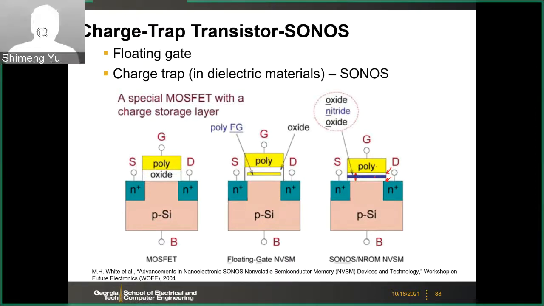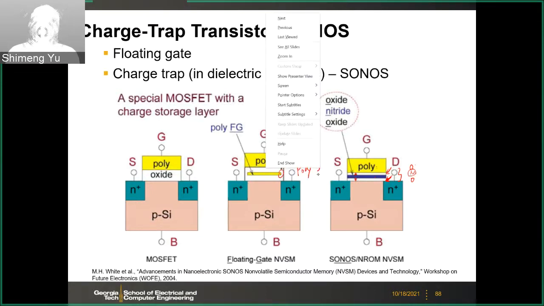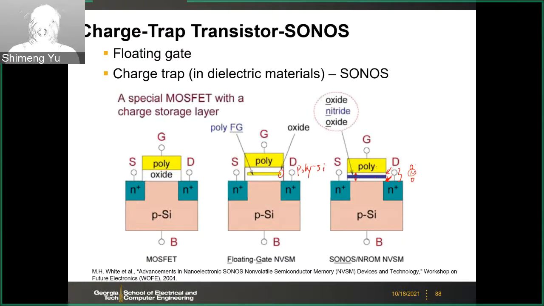The floating gate now becomes a nitride charge trap layer, and then you still have the tunnel oxide down to here. So the whole gate stack becomes ONO. This is like the nitride replacing the polysilicon here. This is a key difference. The polysilicon is replaced by the nitride, like silicon nitride.